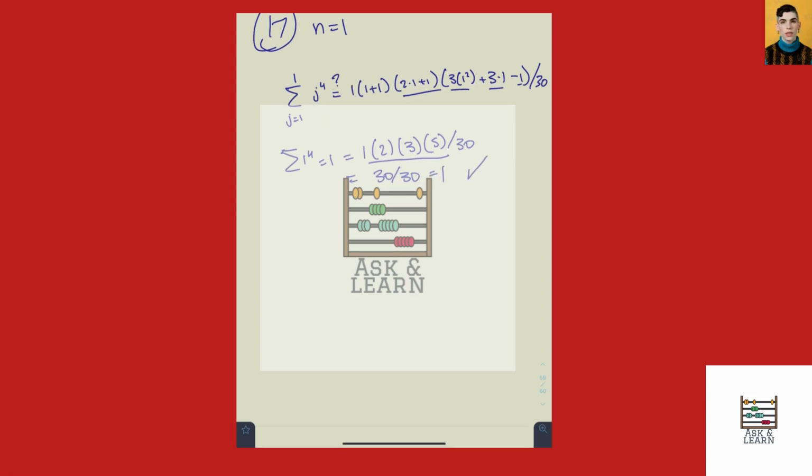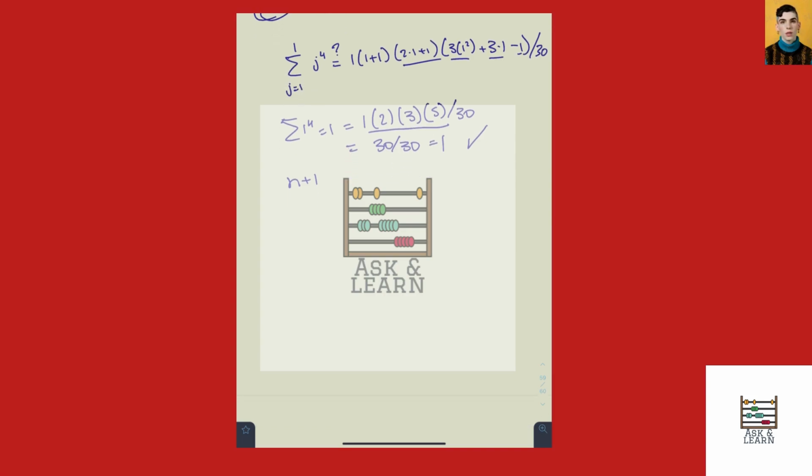And then we want to assume that n is true, and then we're going to test n plus 1. So when we test n plus 1, we have the summation from j equals 1 to n plus 1 of j to the fourth. So what we have there, we want to see also n plus 1 times n plus 2 times 2n plus 3.